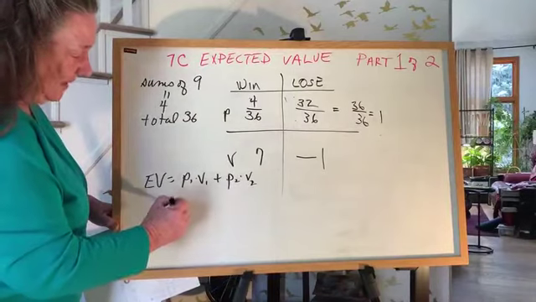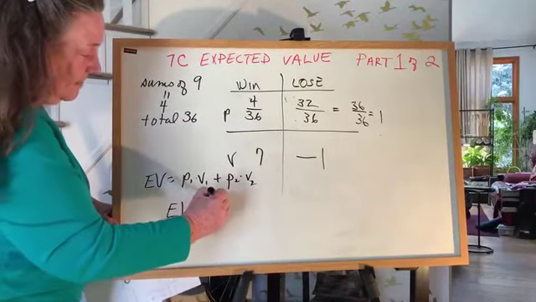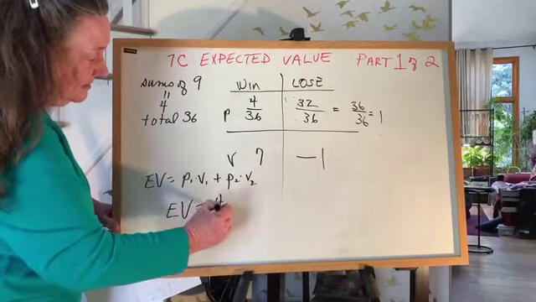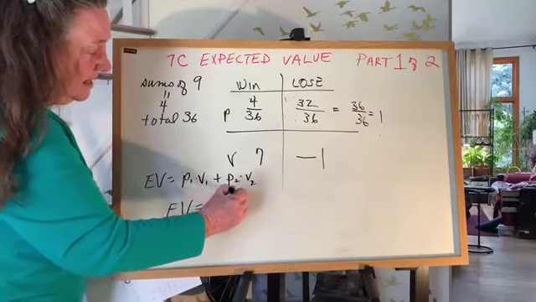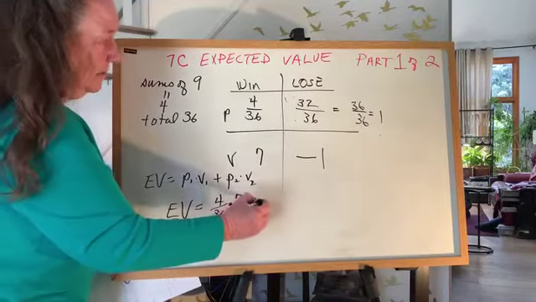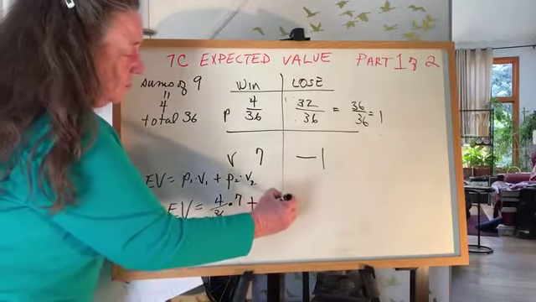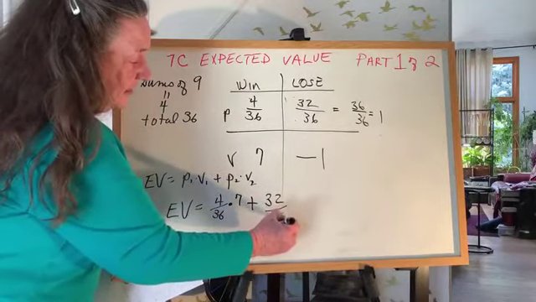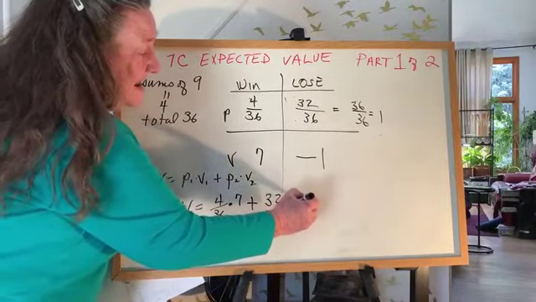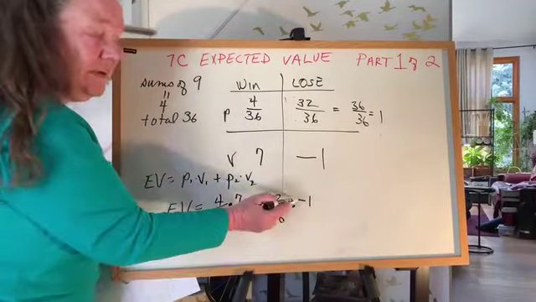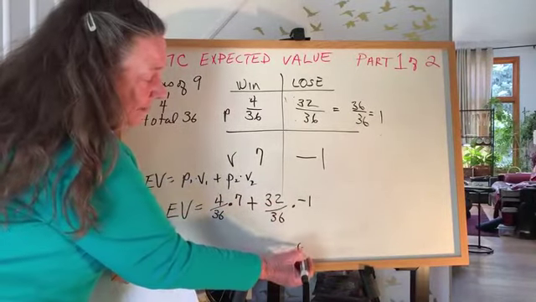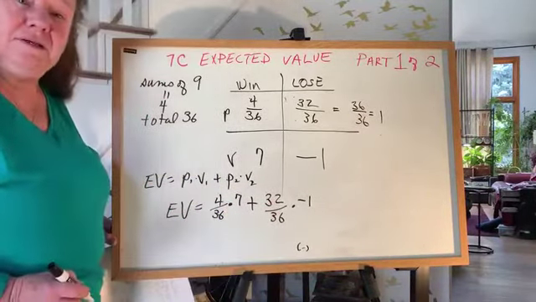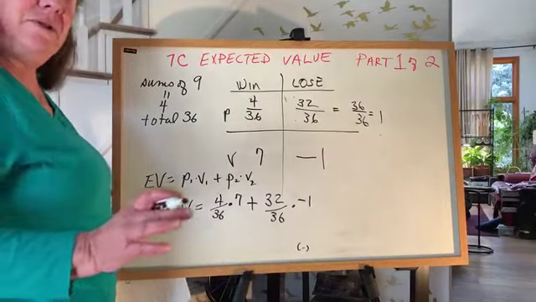So my expected value is 4 over 36 times 7 plus 32 over 36 times -1. Remember, that negative is at the bottom of your calculator, and it looks like that. Of course, you don't enter the parentheses.